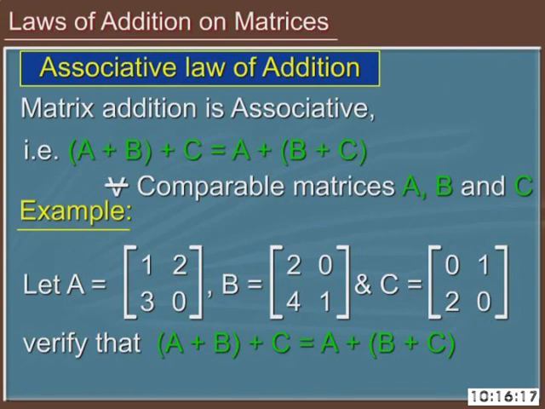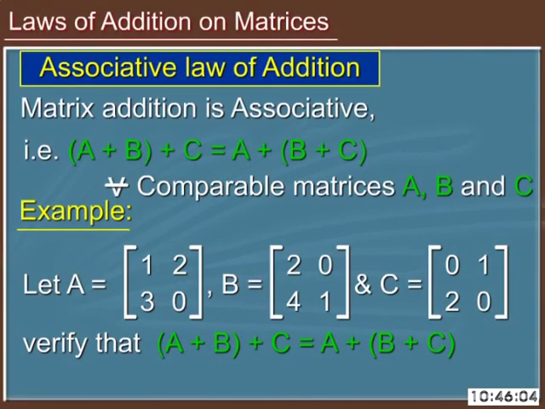Now its solution. Clearly, each one of the matrices A, B and C is a square matrix of order 2, that is, a 2 by 2 matrix. So (A plus B) plus C and A plus (B plus C) both exist, and each one is a 2 by 2 order matrix.